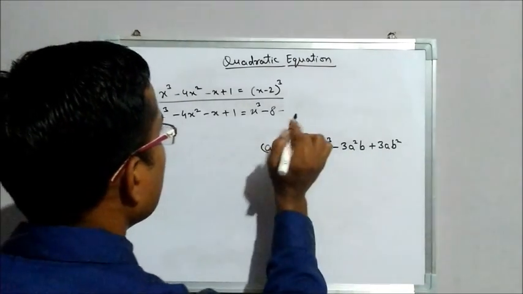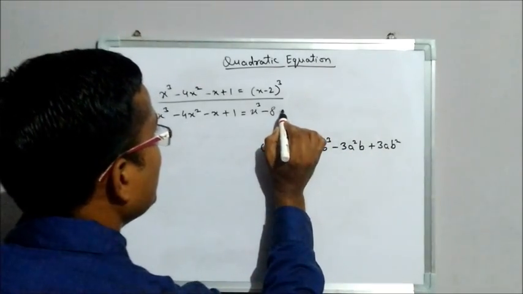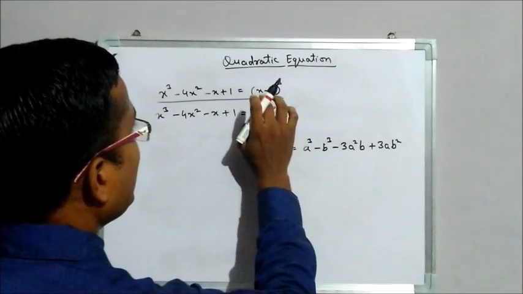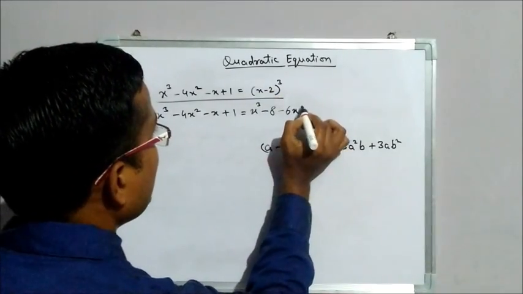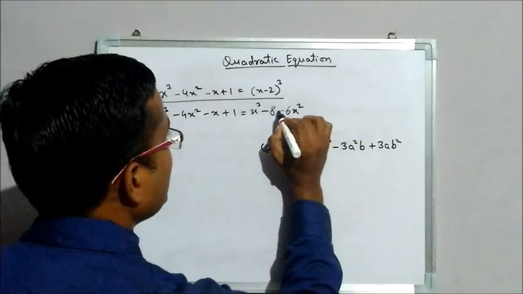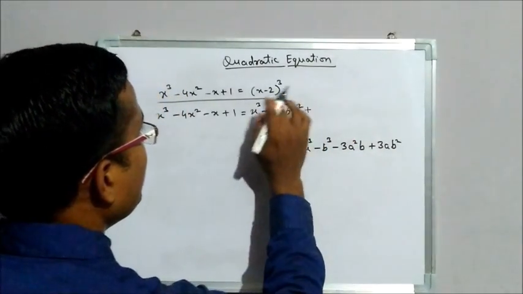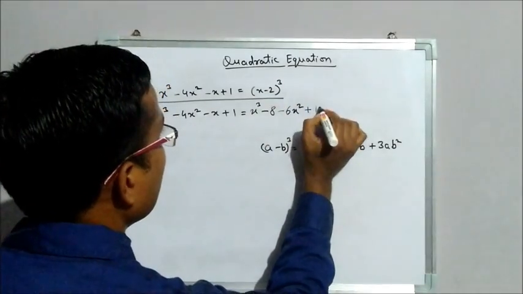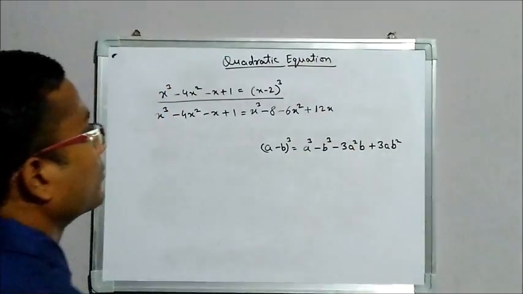I am solving directly, so minus 6x², plus 3ab², which is 3 × x × 4, that is 12x.